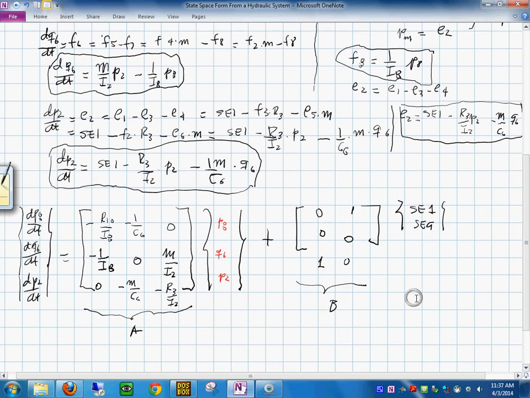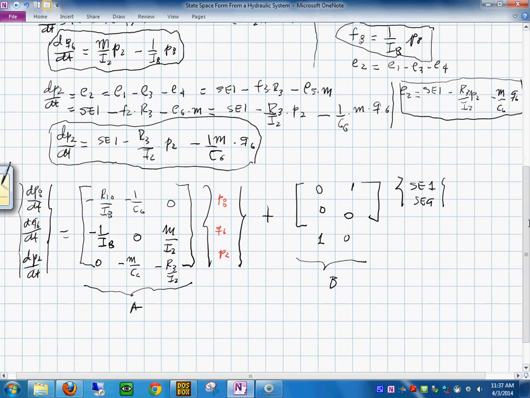Okay, what about the C and the D? We need to look at these outputs in here. Like in this case, you're going to write that the first output is F sub 8, and the second output is E sub 2. So in here, you're going to have, again, the matrix.